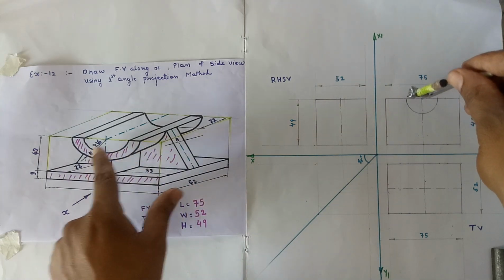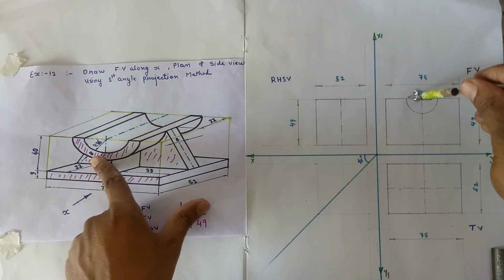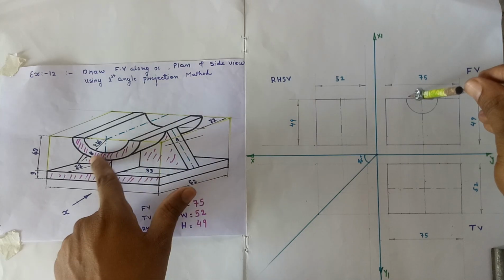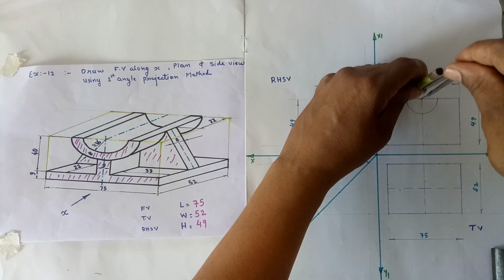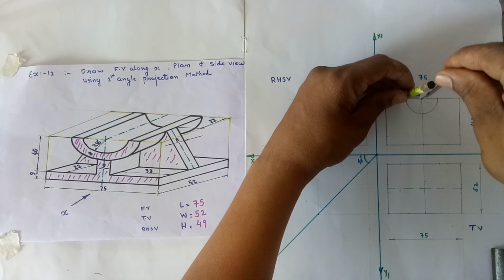Radius of the another circle is 16 plus 8, it is 24. So measure 24 mm on the rounder and draw another circle.